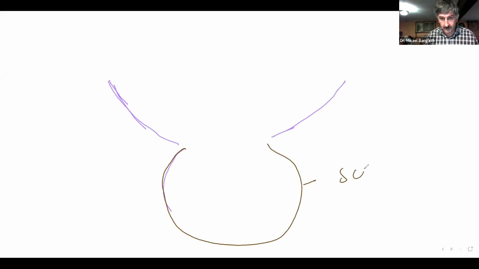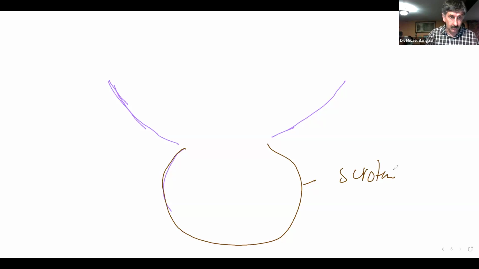Listen, my dear. If you look at a man, let's not draw the whole thing. This is going to be the man's pelvis. Oops, sorry. Let's not mess up the colors. This is going to be the man's scrotum.